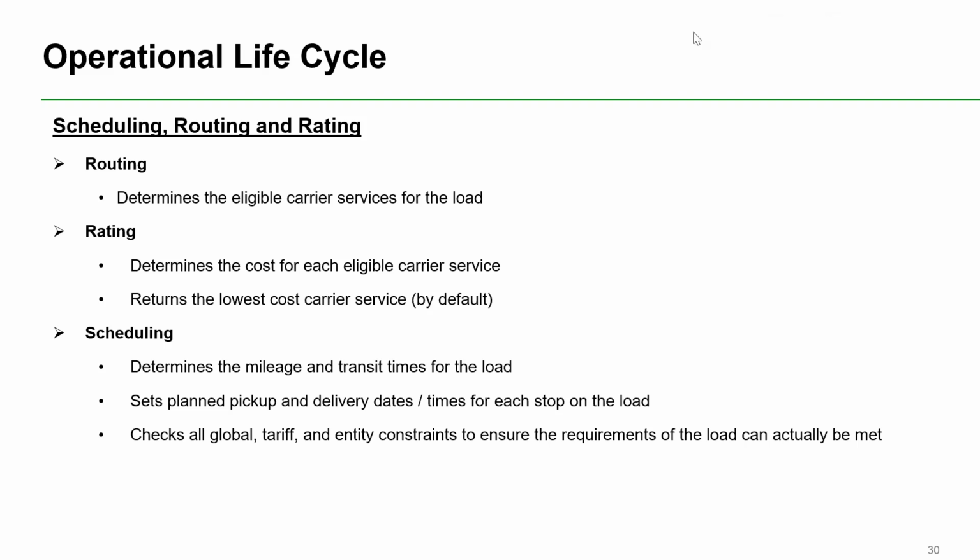Rating is finding the least-cost carrier. Scheduling means at minimum time how the product can be picked up and delivered to the customer. Awesome, you understood it very correctly.